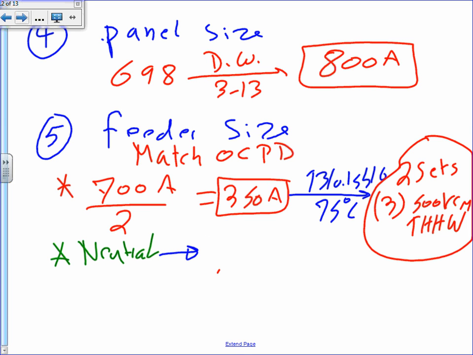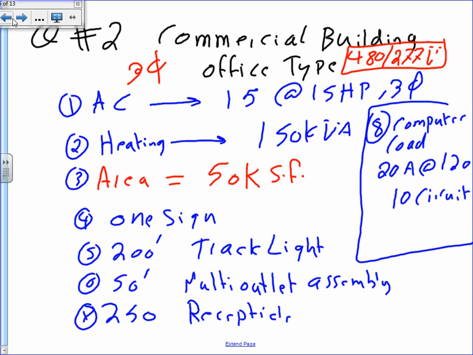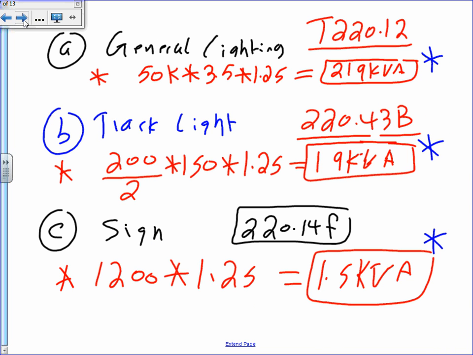So can somebody give me the neutral load? The first load was the receptacle, right? Was the receptacle load a neutral load? Let's go back and look at them right here. Neutral load, neutral load, neutral load. Is this a neutral load? I want to put neutral here. That's one check. Is this a neutral load? Track light. Is this a neutral load?